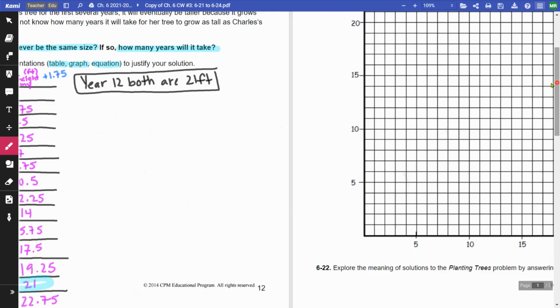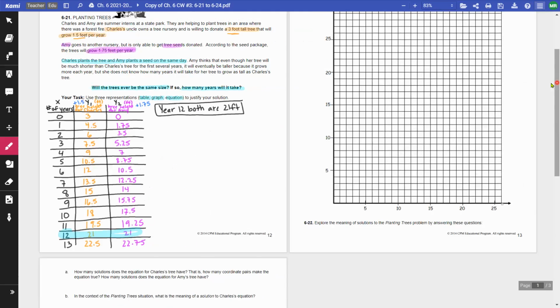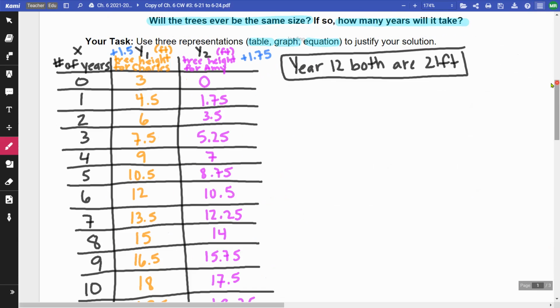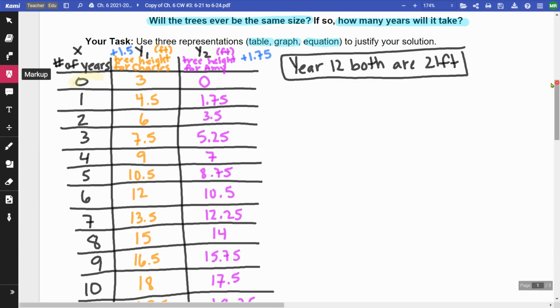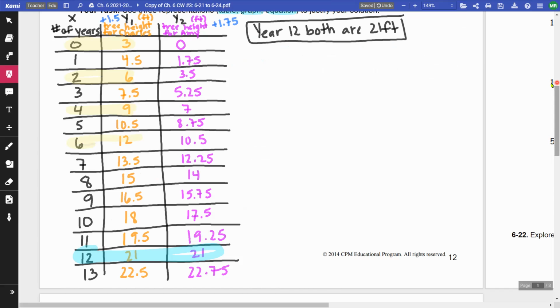Now, if you're doing it from your table, only graph the nice points. And what do I mean by the nice points? For example, 0,3 would be a nice point. 2,6 would be a nice point, as opposed to 1,4.5, 4,9, 6,12, and so forth.